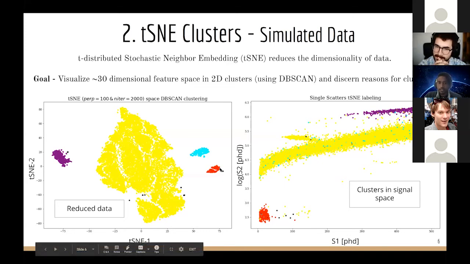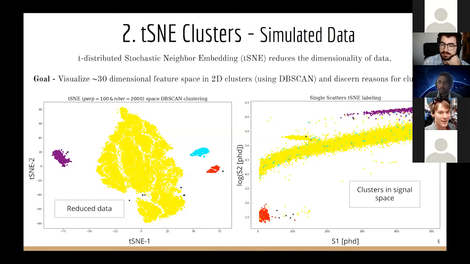And you can see that these clusters track pretty well to the clusters in S1, S2 space. Most of these clusters, we have a pretty good idea where they come from. For example, this red cluster at very low signal values, and this purple cluster at higher signal values. From other means, we know why these exist.